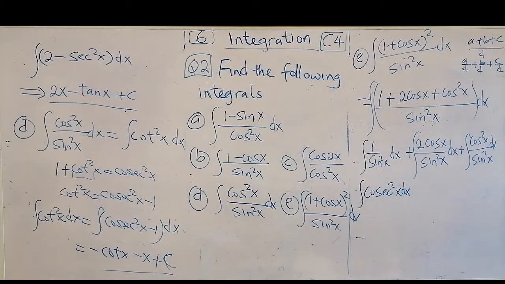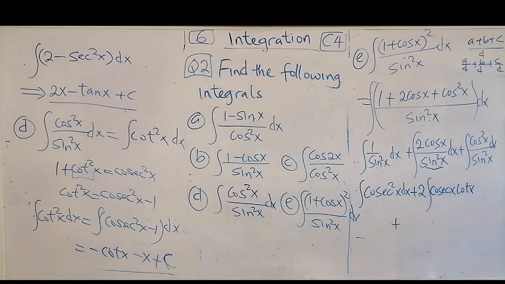So this will now give us 1 over sin squared x, that is cosec squared x. This one also, plus 2 on the outside, this one is split into 2: 1 over sine, that's cosec, and cos over sine, that's cot x.